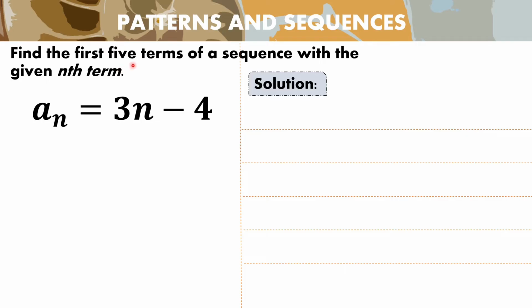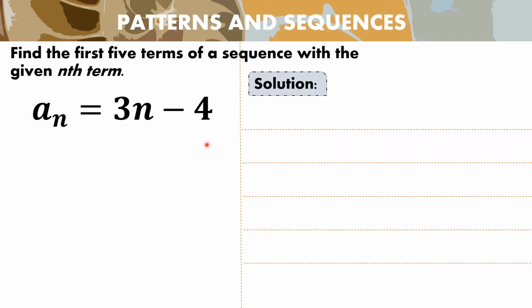Find the first 5 terms of a sequence with the given nth term. By the way, when we say nth term, it is also known as the general rule, pattern, or formula.